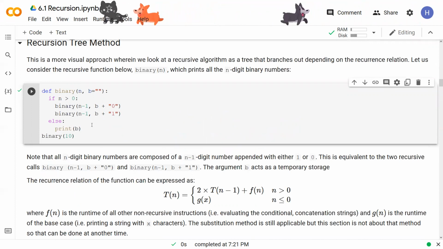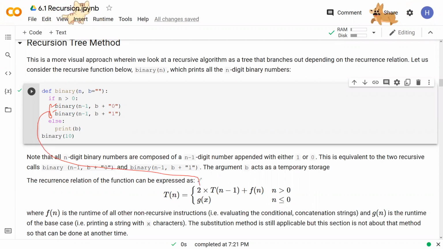Anyway, so paano natin isusulat yung recurrence relation nitong function na to? So sa recurrence relation, we have 2 times T of n-1. So bakit 2 times? So we have 2 recursive calls, so 1 over here and 1 over here. So these 2, sila yung kaya siya times 2. Tapos n-1 yung kinocall natin dito, kaya n-1 sa loob. And then, bakit may f of n tayo dito?